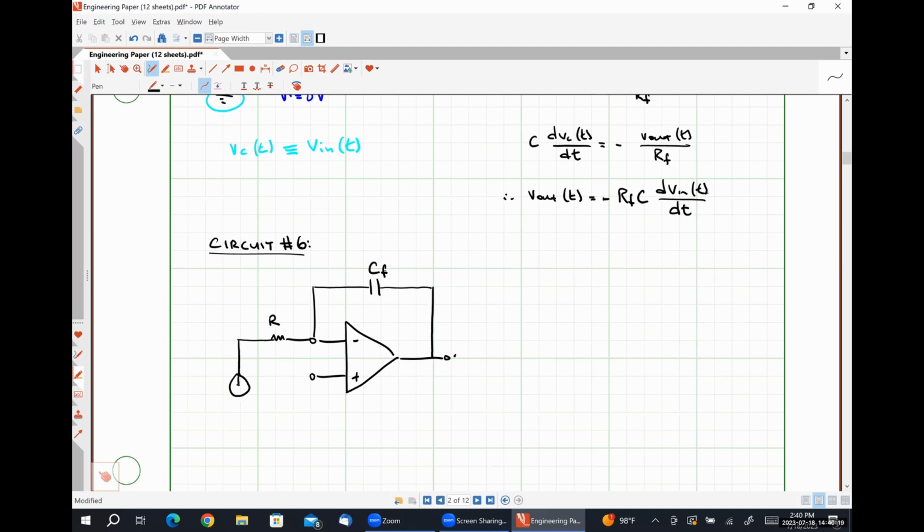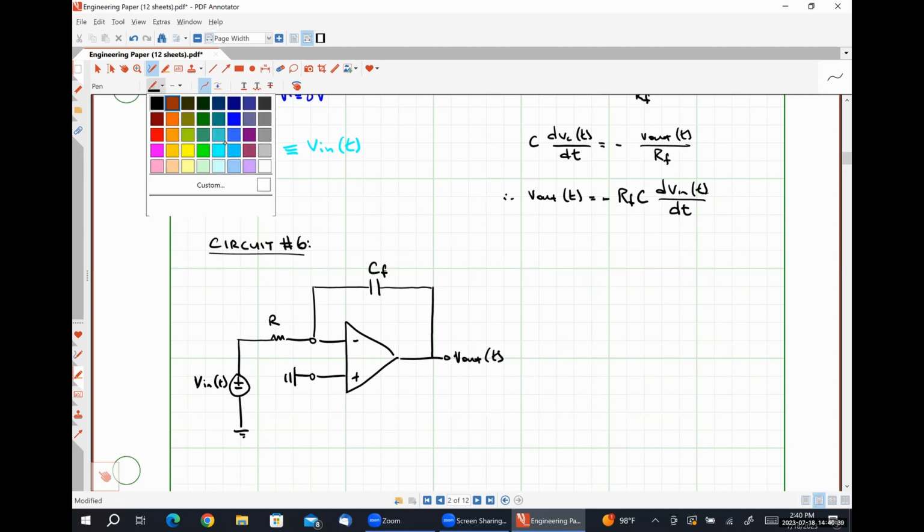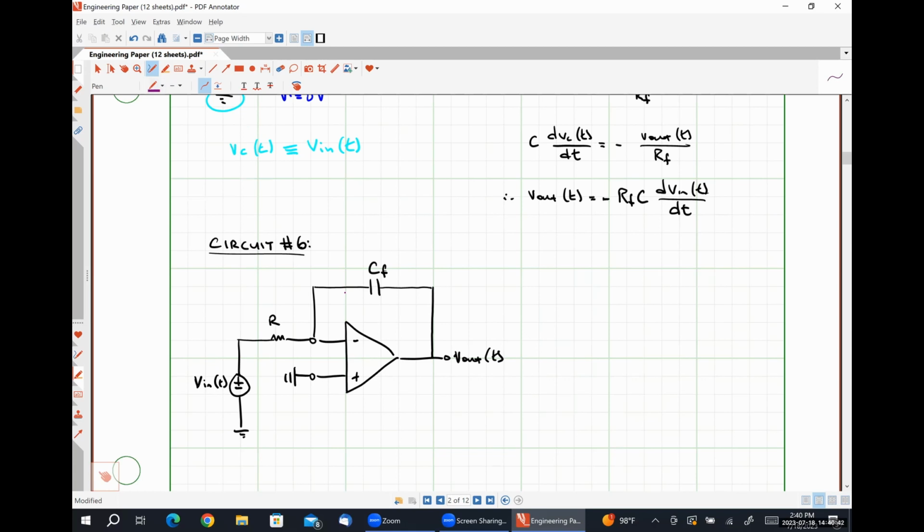We'll apply my input signal at the exact same node, so this is Vin. I'll ground this here and we'll measure V out here. And once again, I'm going to explicitly say that my capacitor voltage will have positive polarity terminal on the left, and my capacitor current, IC of T, will flow into the positive polarity terminal.